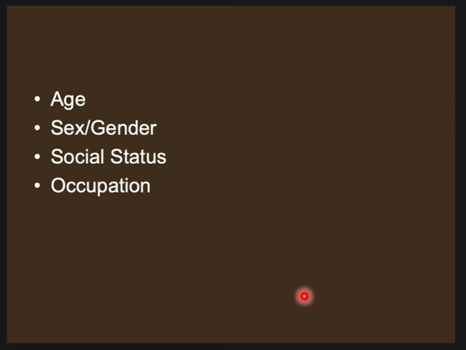How people are treated in death correlates, many archaeologists believe, to how people are perceived during life, although there's not always a one-to-one correlation, right? As we're going to see, there might be communities where people are treated relatively the same in death, in their mortuary treatment, but in life there was a hierarchy.